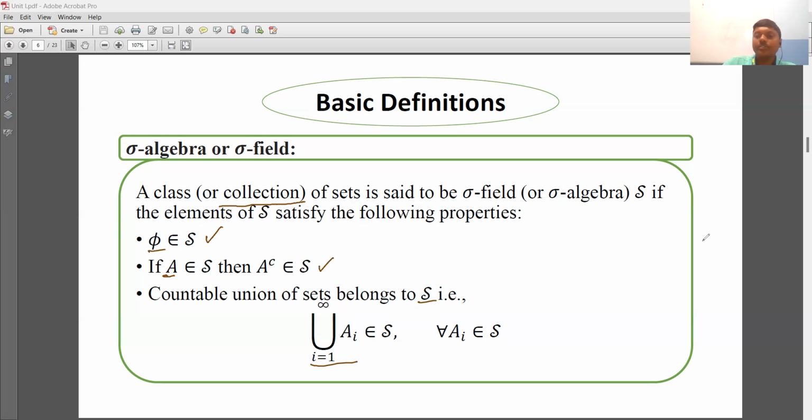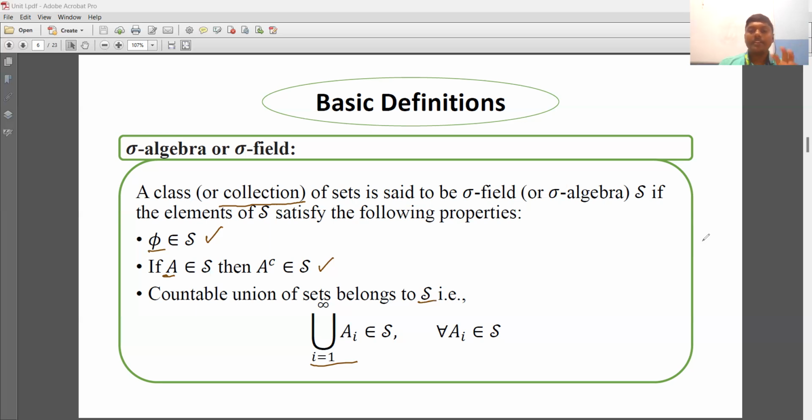So if we accumulate these three things, how does the structure look? If I have a collection of sets, then the null set must be an element of that collection. If I consider any element of the collection, then its complement must belong to that set.